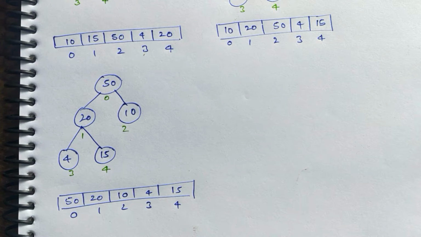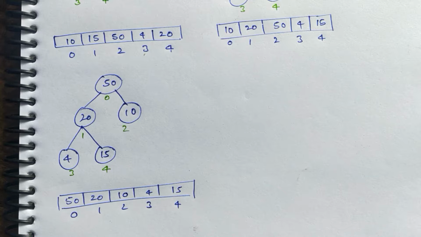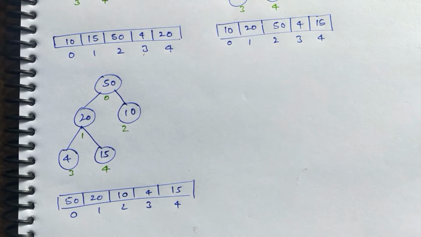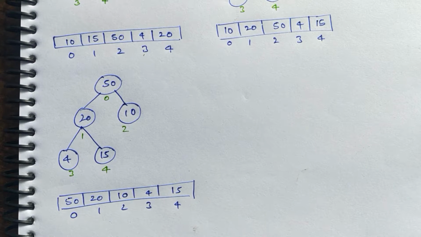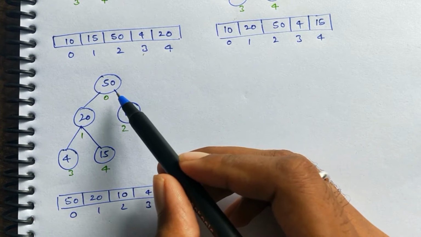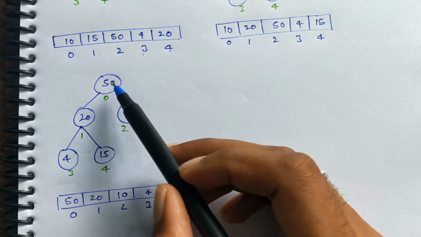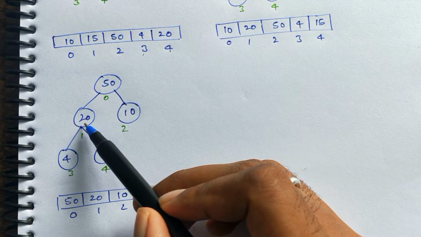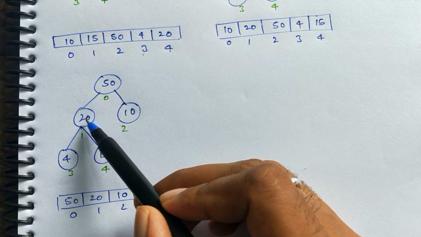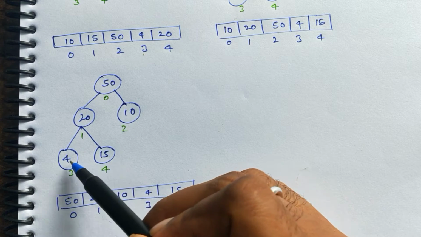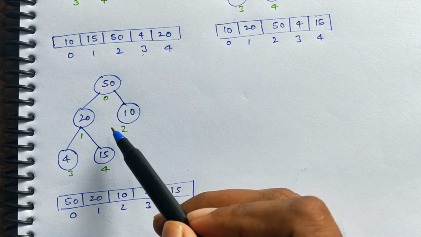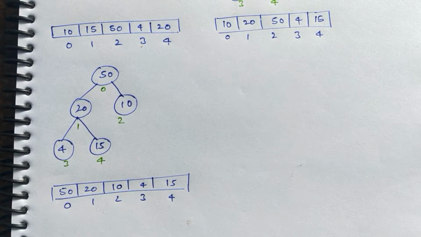Now we have successfully created a max heap out of the given array by rearranging its elements. Here we can verify it as a max heap as 50 is greater than all of its children, that is 20 and 10, and 20 is also greater than all of its children, that is 4 and 15. So it is a max heap.